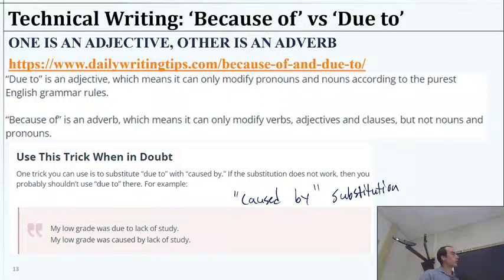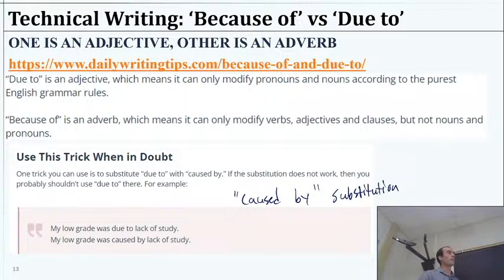The projector shook because of the construction. Should it be due to or because of? Would it make sense to say that the projector shook caused by the construction? No, but if we rephrased it, the projector's shaking was caused by the construction.